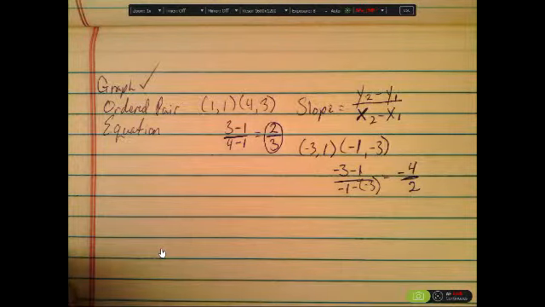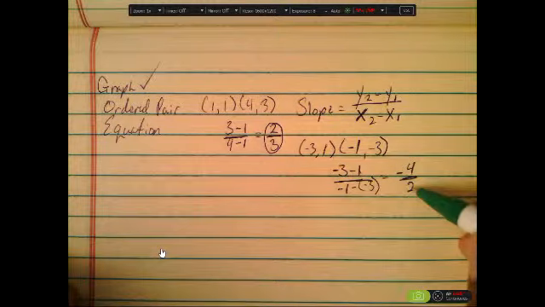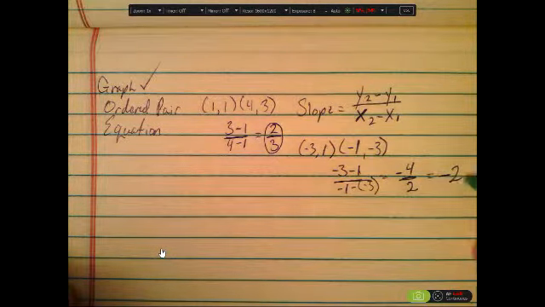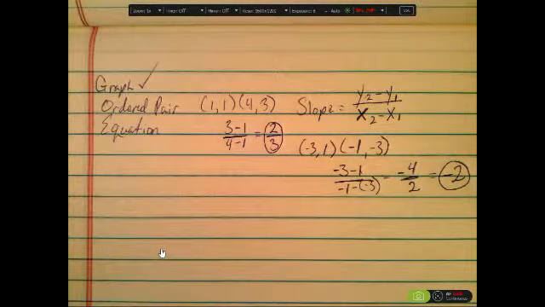That can be reduced, can't it? Of course it can. -4 divided by 2 is going to give us -2. Circle it. And -2 becomes your slope. All right, fair enough? Pretty easy still. So stay with me. Let's do just one more in equations, and then we'll be all finished, okay?